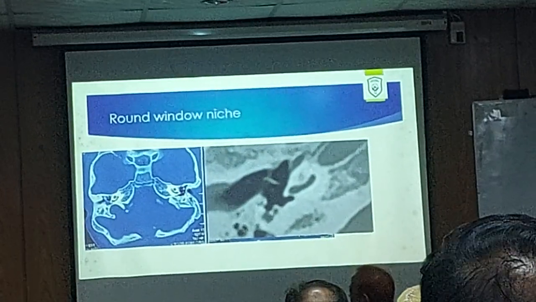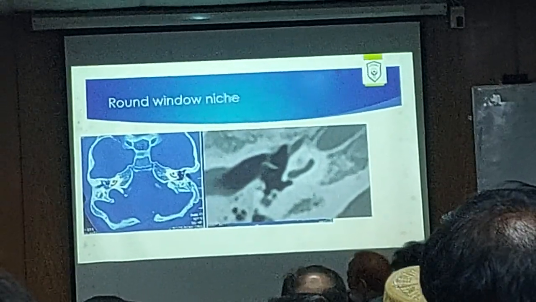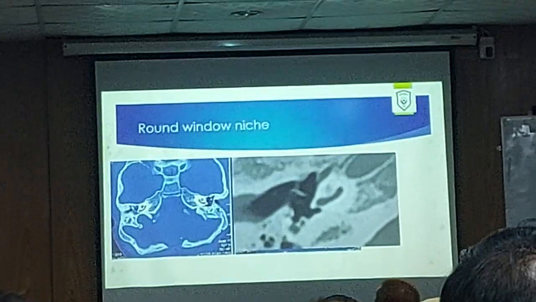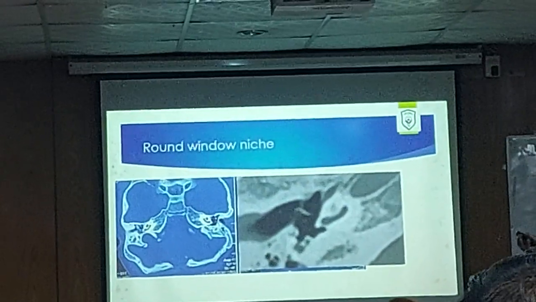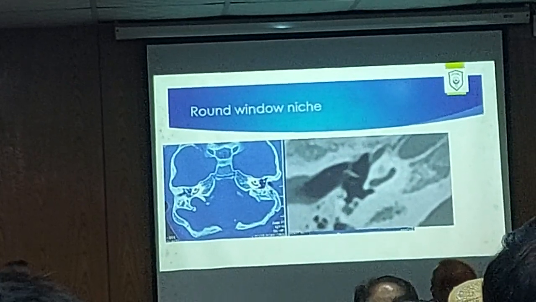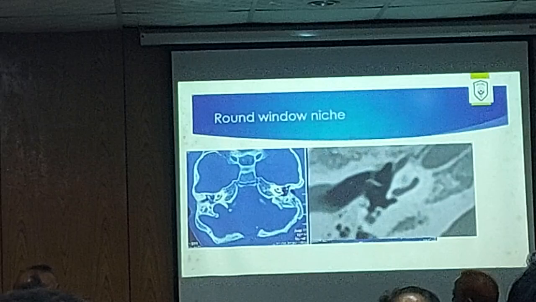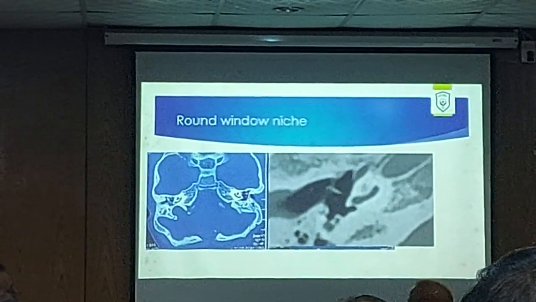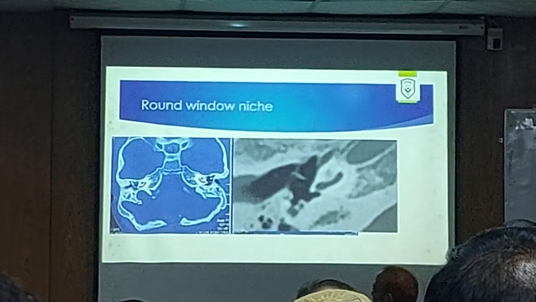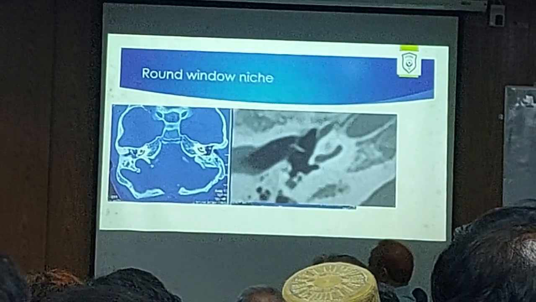Sometimes, with different surgeons, they start the posterior tympanotomy, and after doing it the round window niche could not be found, because there may be some limitations or some anatomical variations.